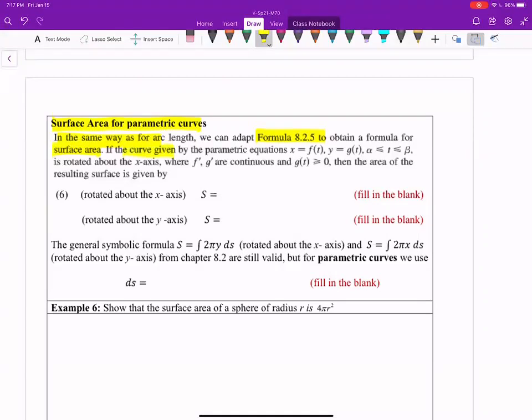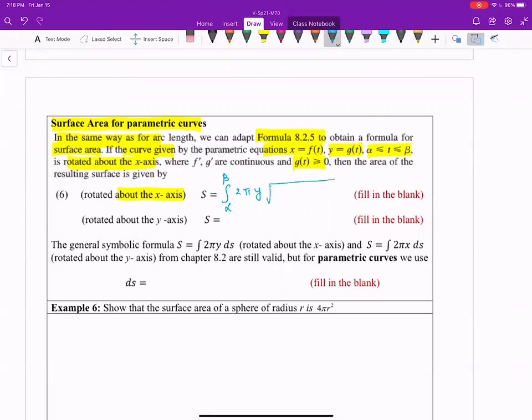If the curve is given by the parametric equations x equal to f of t, y equal to g of t, where t lies between alpha and beta, is rotated about the x-axis, where f prime, g prime are continuous and g of t is positive, then the area of the resulting surface, which is rotated about the x-axis, is given by integral alpha to beta 2 pi y ds. ds is the arc length.